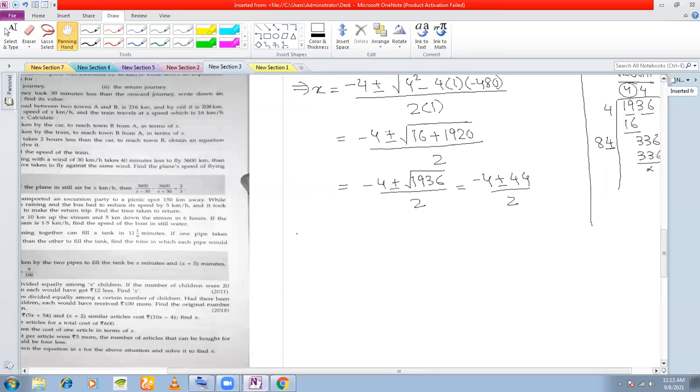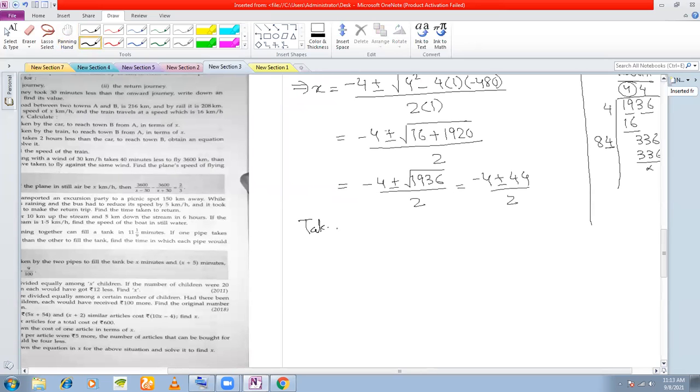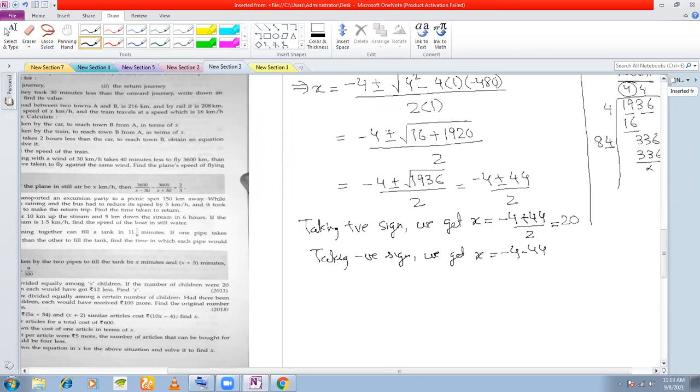Now you take the positive and negative signs separately. Taking the positive sign, we get x is equal to minus 4 plus 44 divided by 2, which is equal to 40 divided by 2, which is equal to 20. Taking the negative sign, we get x is equal to minus 4 minus 44 divided by 2, which is minus 48 divided by 2, which is minus 24.